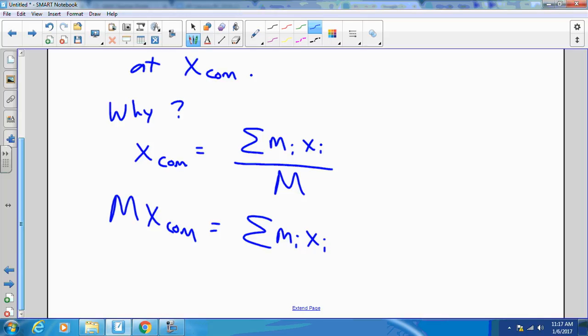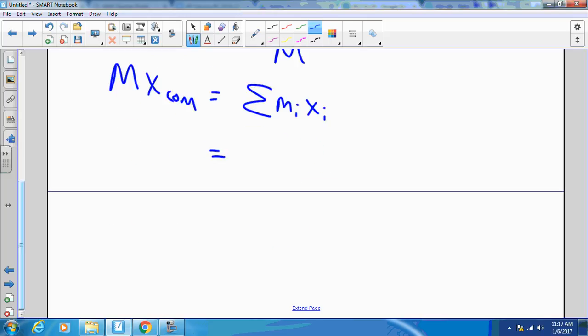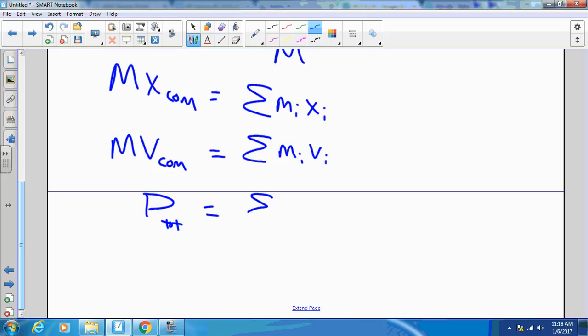So when I take the rates of change, calculus people think derivative, what I get is that the mass times the velocity of the center of mass is the sum of masses times the velocities of each of the components. But wait, this is the total momentum of the object, mass times velocity. And this is the sum of all of the individual momenta of the constituent parts.